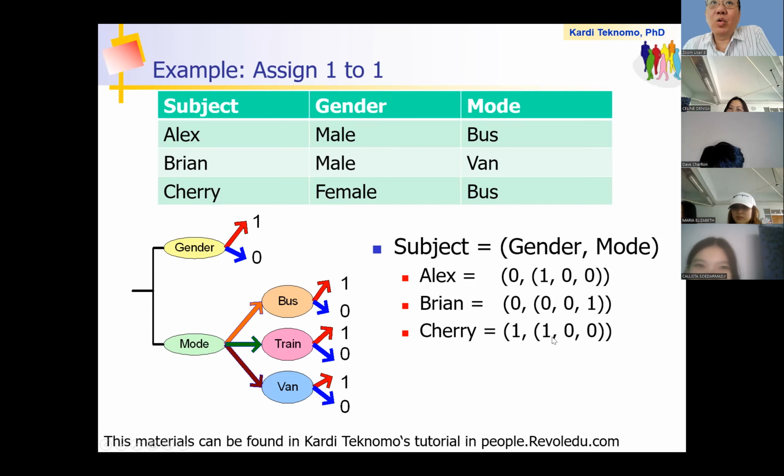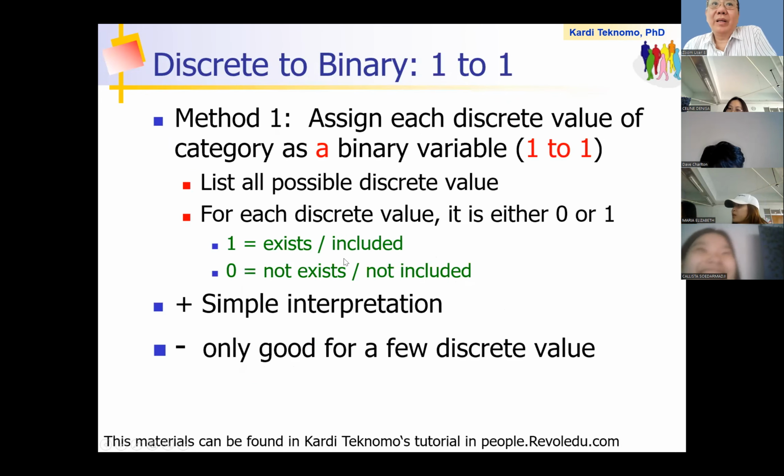When you assign 1 to 1, you list all possible discrete values, and for each discrete value it is either 0 or 1. The good thing of this technique is that it is very simple to interpret. But if you have a lot of discrete values, this is very bad because the number of variables becomes very big.